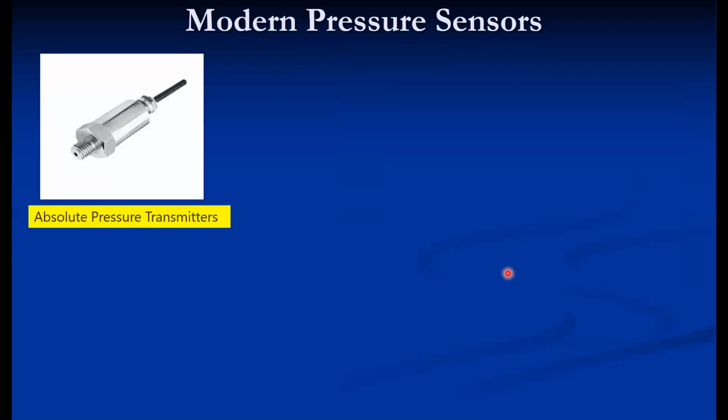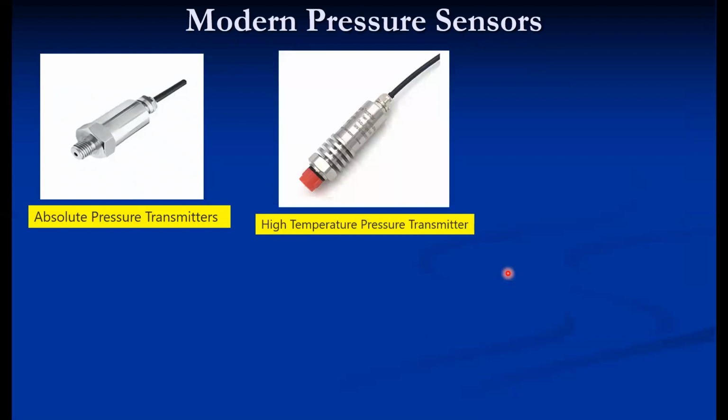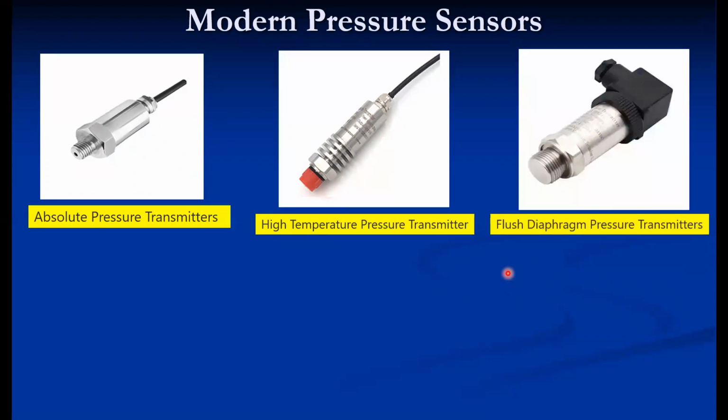But besides these two gauges, manometers and Bourdon pressure gauges, some more gauges are used commercially for accuracy purposes also. These are pictorial views of absolute pressure transmitters. This is a high temperature pressure transmitter, which can handle fluids at very high temperatures.